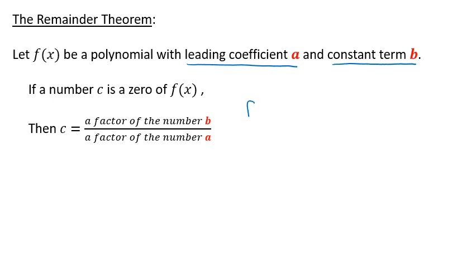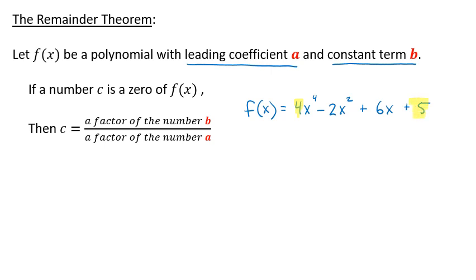I'll give you an example, just making up a polynomial at random. Let's say 4x to the fourth power minus 2x squared plus 6x plus 5. All right, here's a polynomial. The a and the b I'm referring to are the first and last numbers.